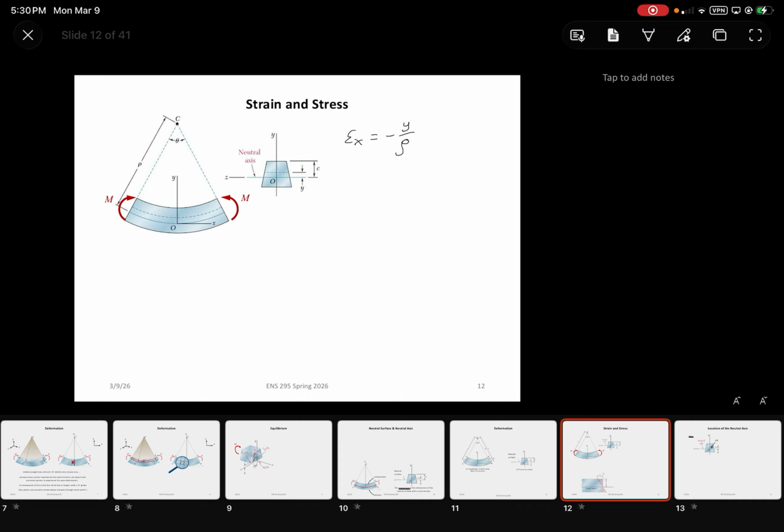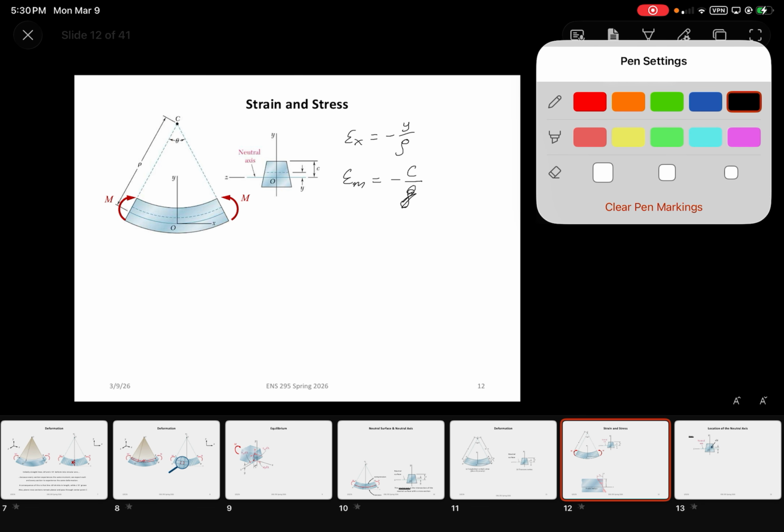Now, if we wanted to find the maximum strain, which we call epsilon m, it's going to be wherever the top and bottom are.